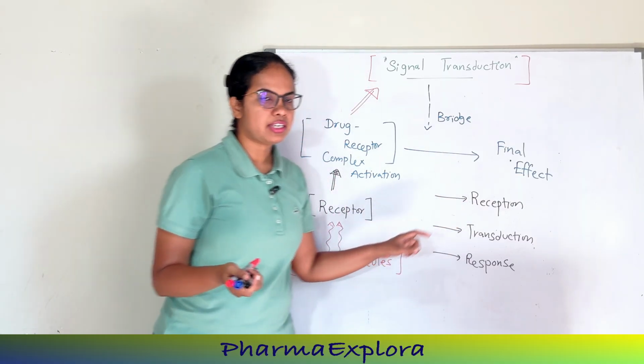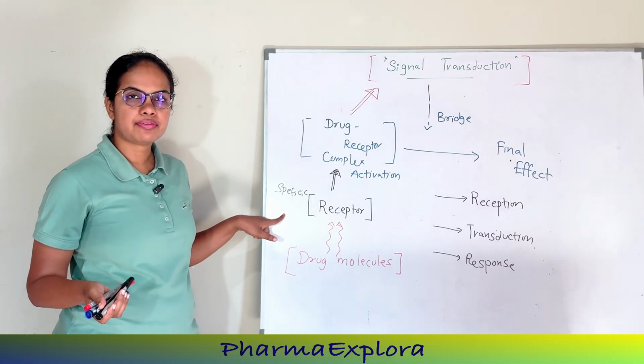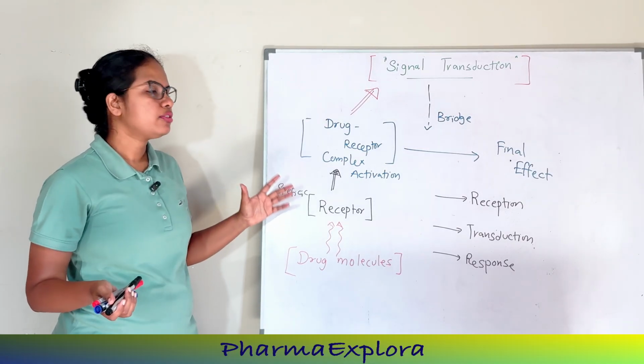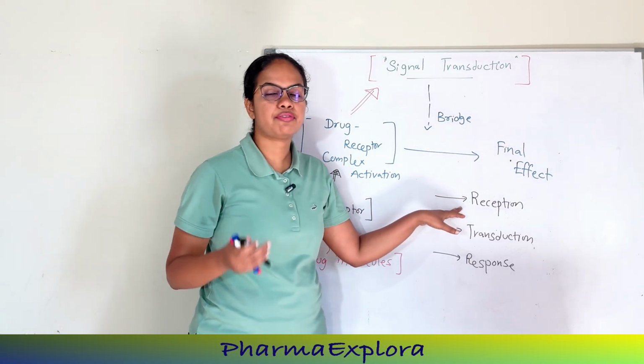So the reception is when the drug molecule goes and finds its specific receptor and binds to it and forms the drug receptor complex. That is the reception, the first one.